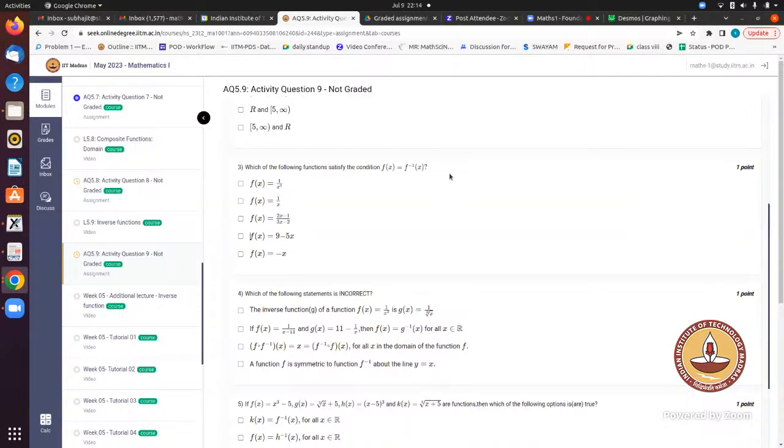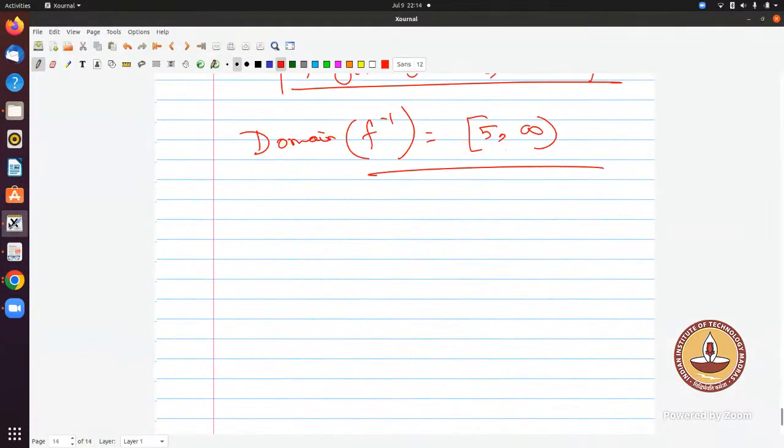If I say fx equal to x, can you tell me what the inverse function should be?